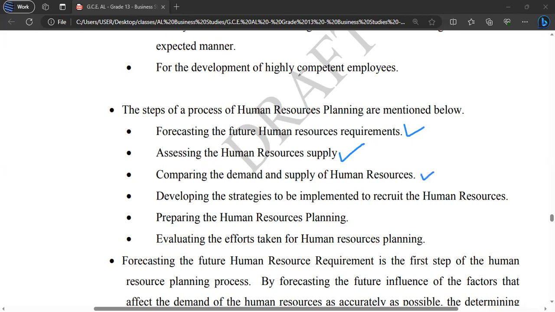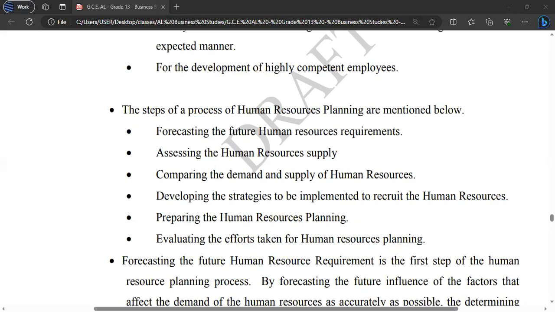By forecasting, you find you need this number of human resources, and you assess the supply. Then you compare the demand and supply. Then you need to develop the strategies to be implemented to recruit the human resources, right? Next one, preparing the human resource planning. Then finally, evaluating the efforts taken for human resource planning. These are the steps of the process of human resource planning, right?